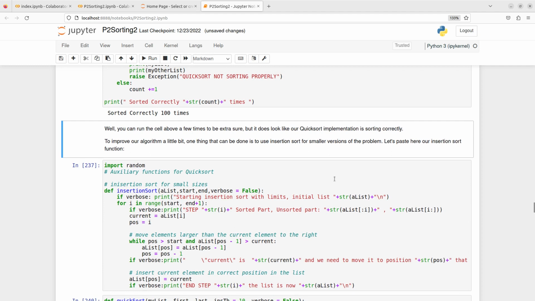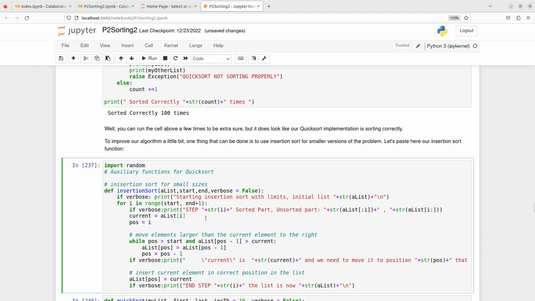I can even improve it to make it a little faster. For example, one thing that is used in real applications is that for small lists, it doesn't really matter what sorting algorithm you use. But if you're making lots of recursive calls on the lower levels of the recursive call tree, then that might amount to some wasted time. So a compromise is reached by using some other sorting algorithm.